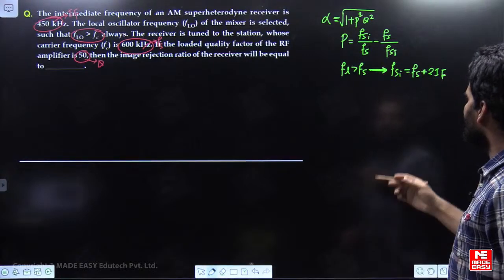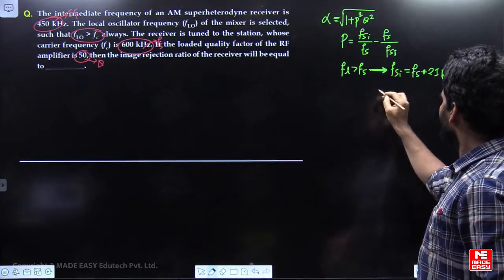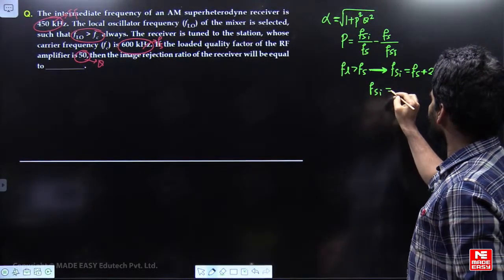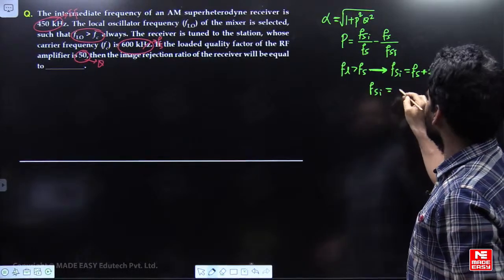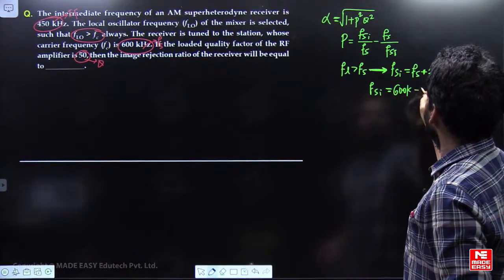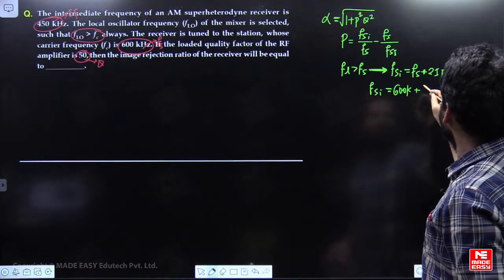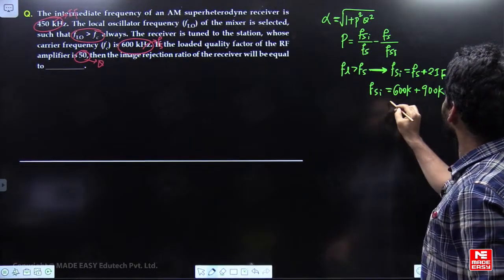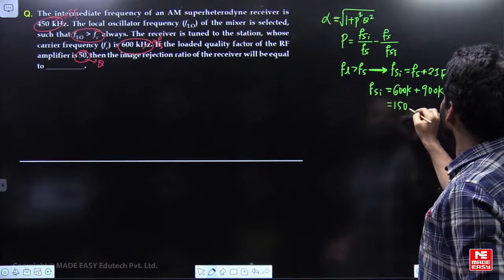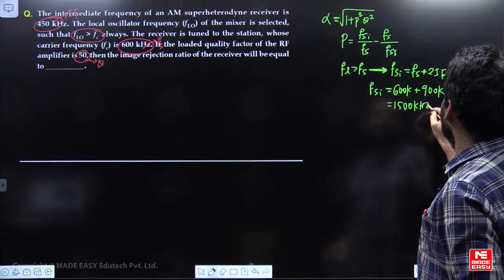But here this is FS plus 2IF. So FSI is equal to, FS is how much? 600 kilohertz. 2IF means this is 900K. So this is 1500 kilohertz.